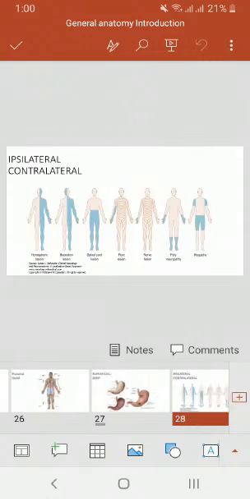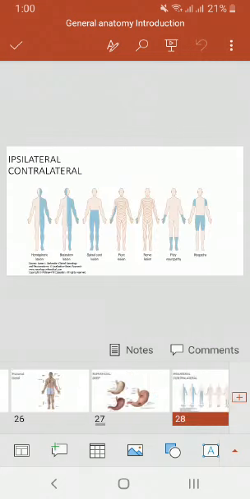This first diagram is showing the ipsilateral relationship of half of the body and half of the face. And next is the contralateral half of the face and the contralateral half of the body. That is, the opposite sides of the body and the face are affected.